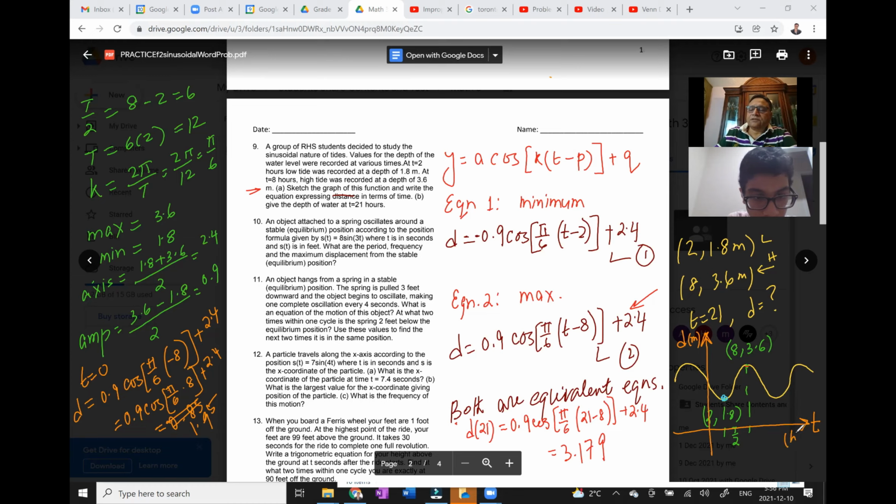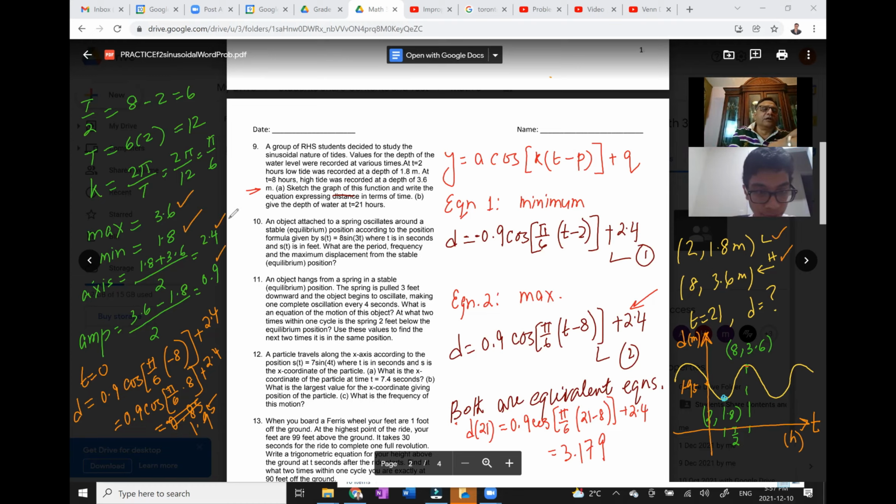And t is in hours. Is that clear? So that is how you are going to sketch. And of course, this point is 1.95 for you. So that becomes the sketch. Absolutely clear, right? Perfect.